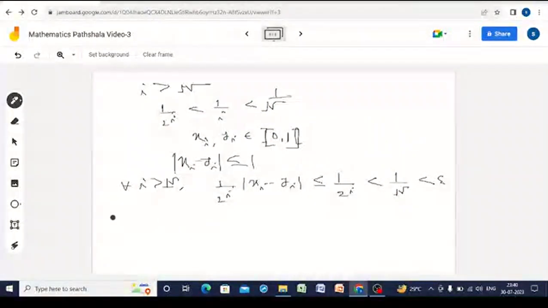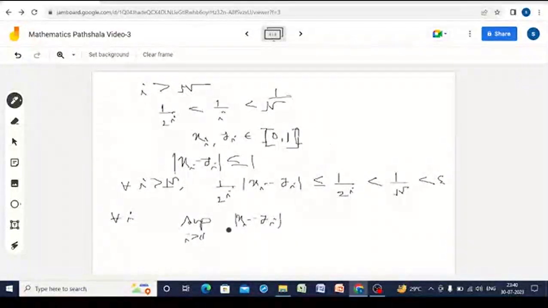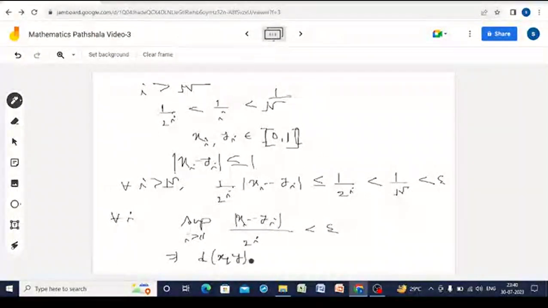So what we get is that for any i belonging to the natural numbers, the sup over i greater than or equal to 1 of |xi - yi| by 2 to the power i is less than epsilon, and this is our d(x,y) by the definition of d. So d(x,y) is less than epsilon, so our y belongs to this, that means B_d(x, epsilon).